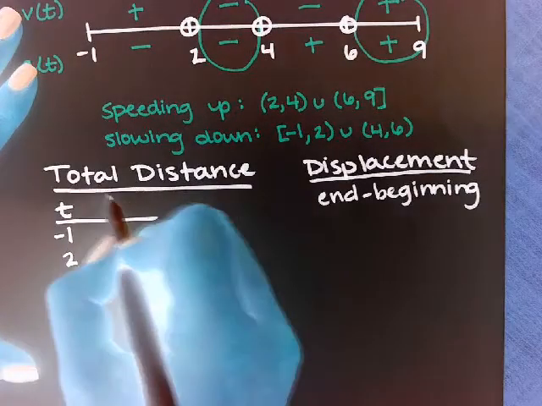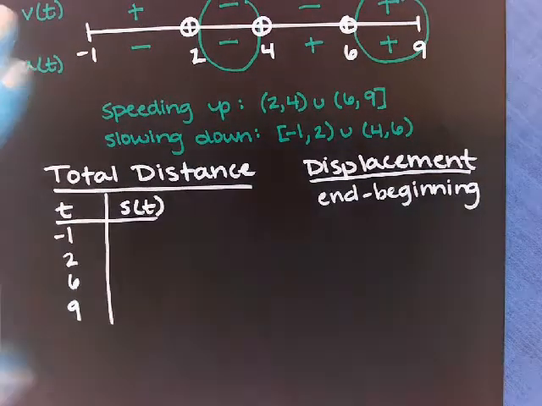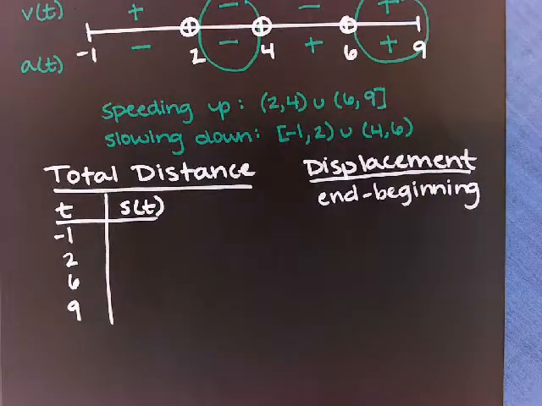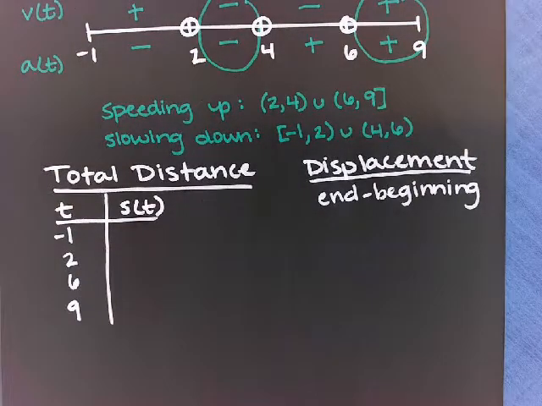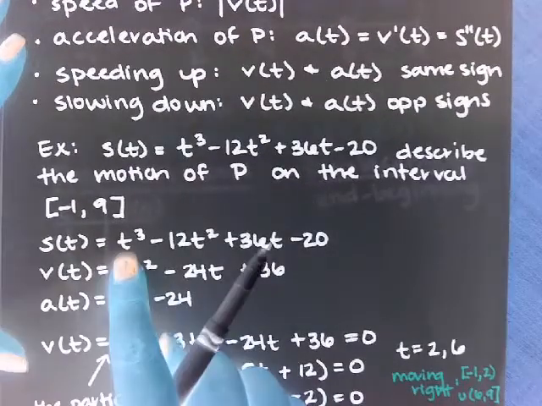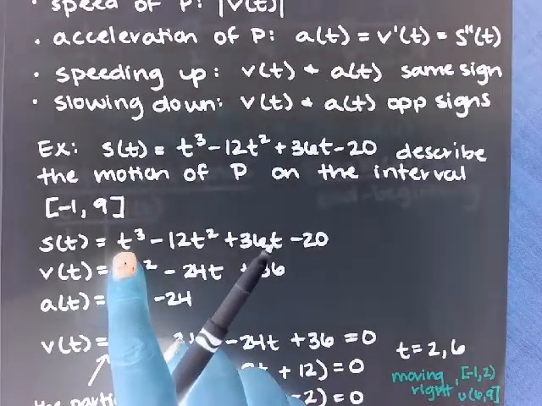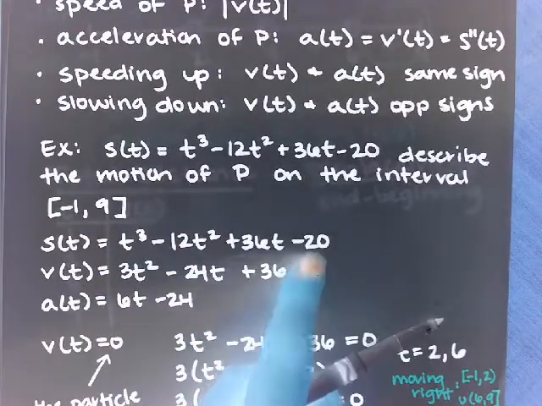All right, so t is our first. This is going to be kind of like a chart. S of t is going to be the position we are at. So what do you get when you plug -1 into S of t? So this could be the calculator part if you want. So -1, -12, -36, -20.